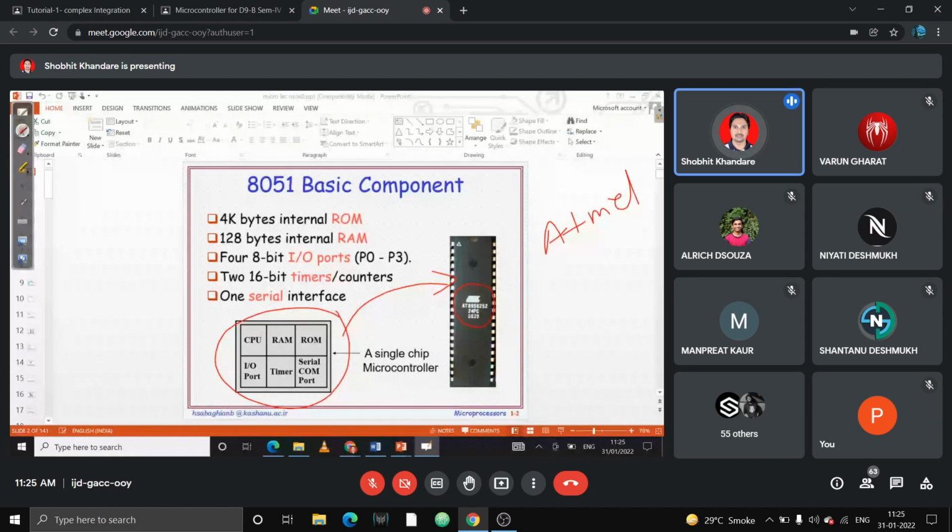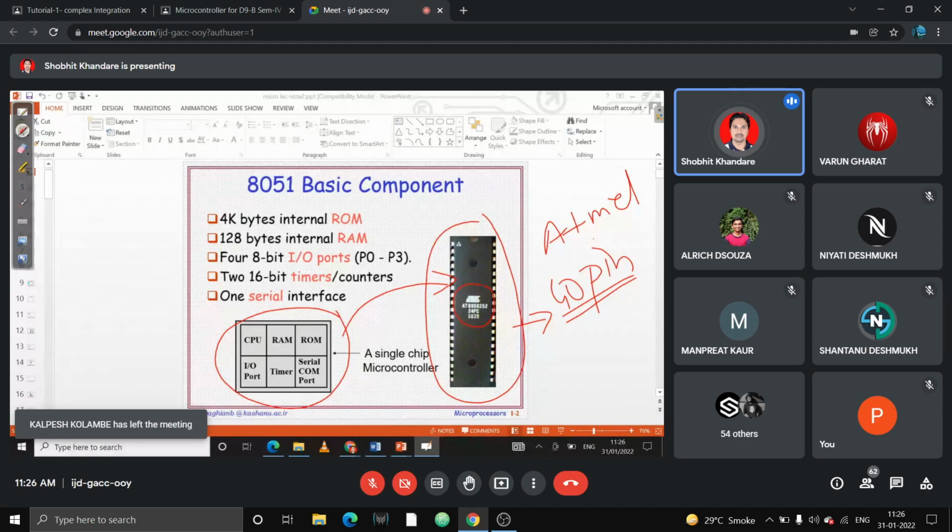So when you talk about this, हम जब पिन कॉन्फ़िगरेशन देखेंगे, उसमें हम देखेंगे कि this is a 40 pin IC, and we will also be able to see the function of each and every pin. So in short, I can say you have this block diagram embedded in a single chip. We have also seen the features.